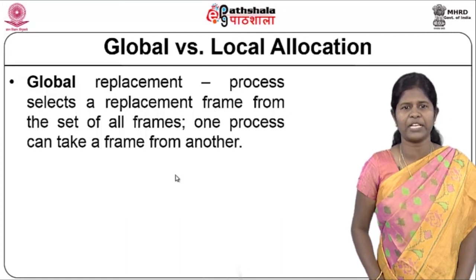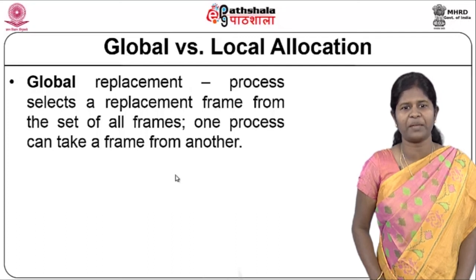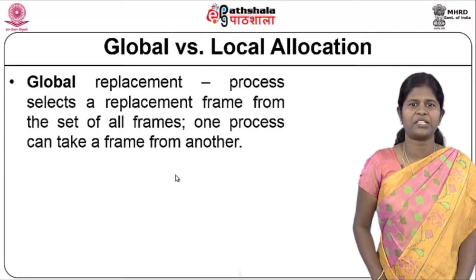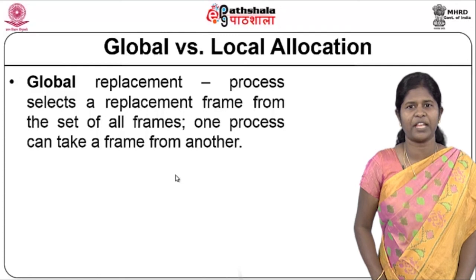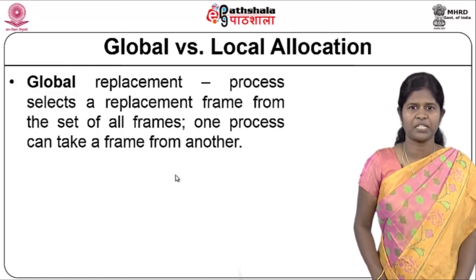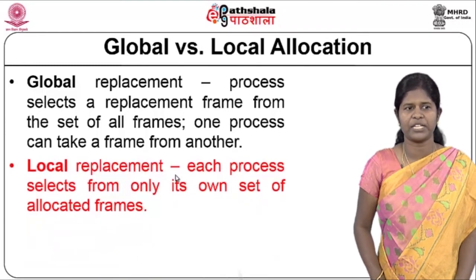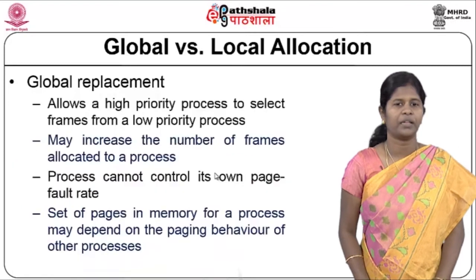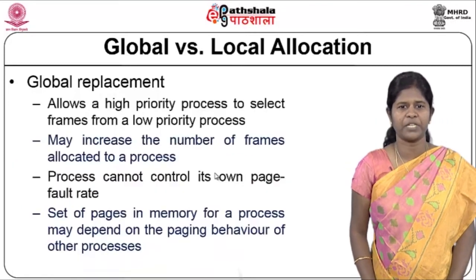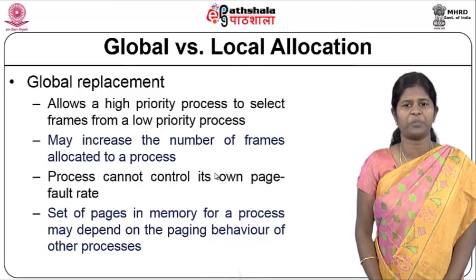In global replacement, you select a replacement frame from the set of all the frames, and one process can take a frame from another process. But in local replacement, you select a frame only from its own set of allocated frames.